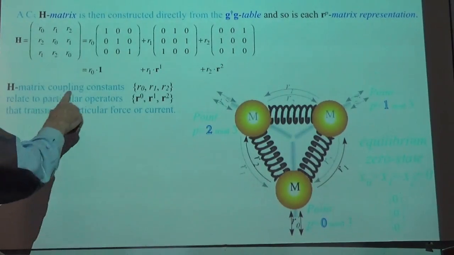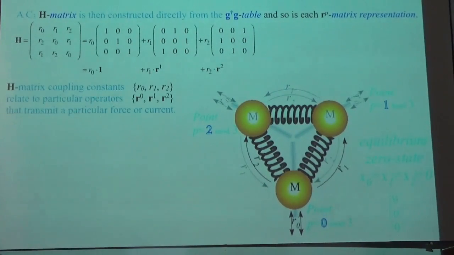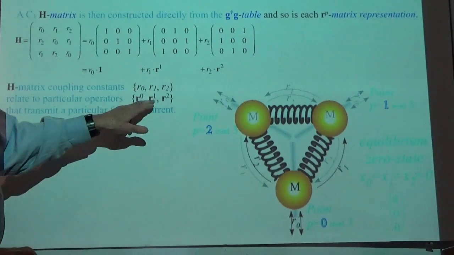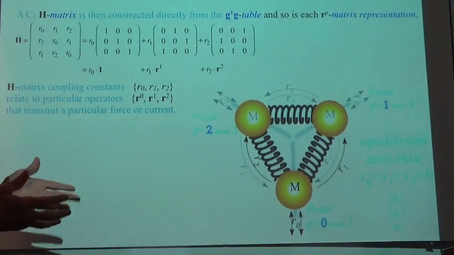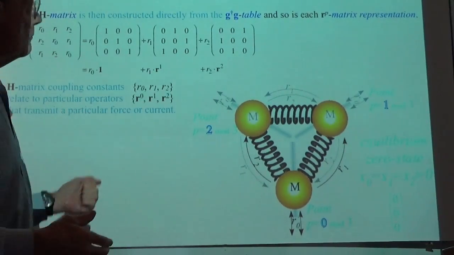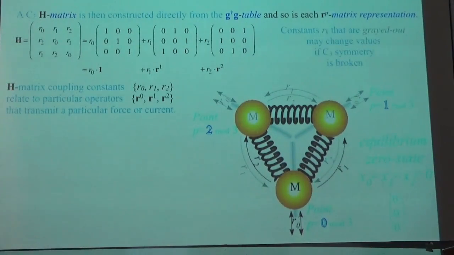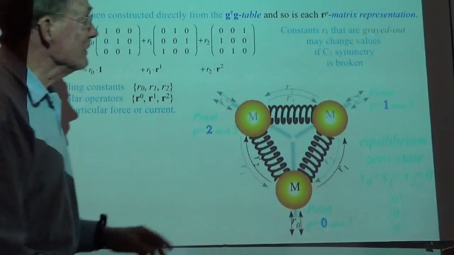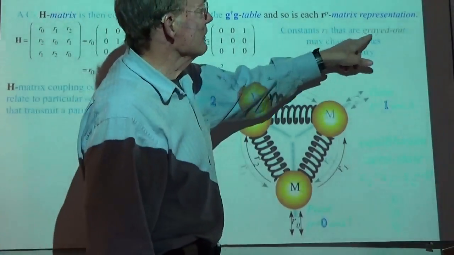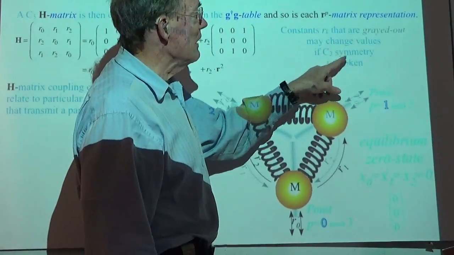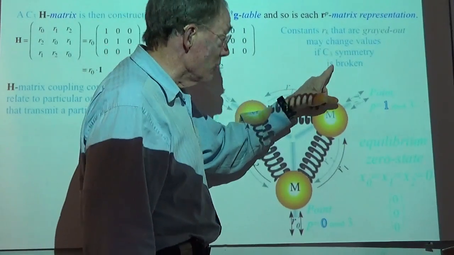Okay, so we have these coupling constants. They relate to particular operators. Once again, we're going to have states that are labeled by operators, these operators. And what I've indicated here are some of these constants that are grayed out may change values if the C3 symmetry is broken.